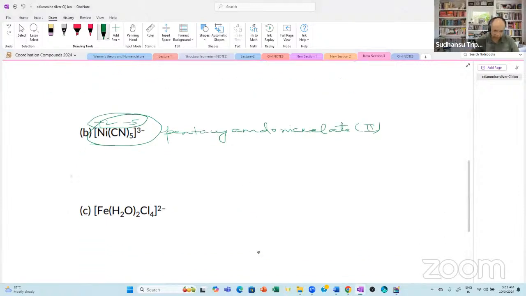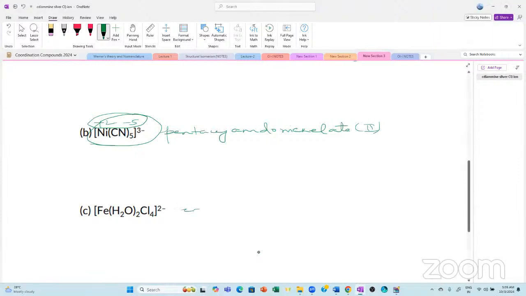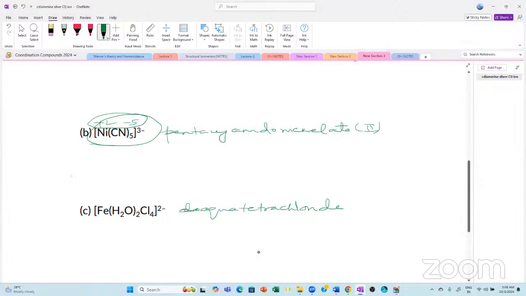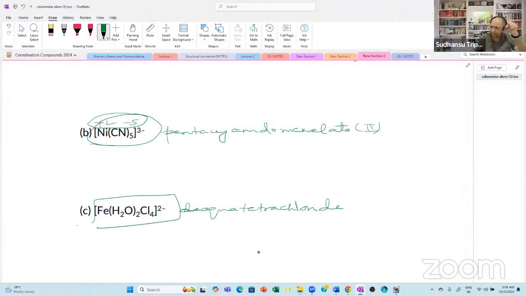Then coming to the next one. Diaqua tetrachlorido iron 2 ion. Are you kidding me? This is a negative ion. The same type of mistake you committed there, and the opposite mistake you are committing here.